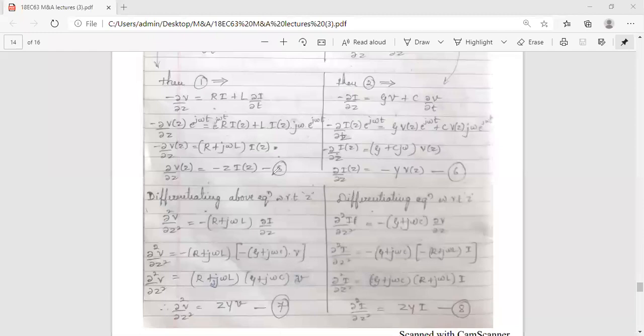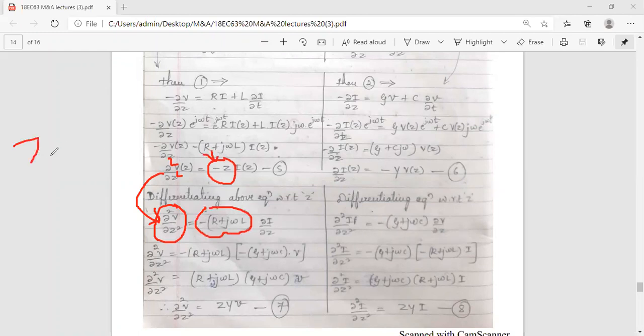Differentiating equation 5 one more time with respect to Z, the LHS will be dou square by dou Z square of V of Z. So the second order differential equation we will get, and it is minus Z. Instead of Z I am writing R plus j omega L. Z is actually R plus j omega L. We call Z the impedance.